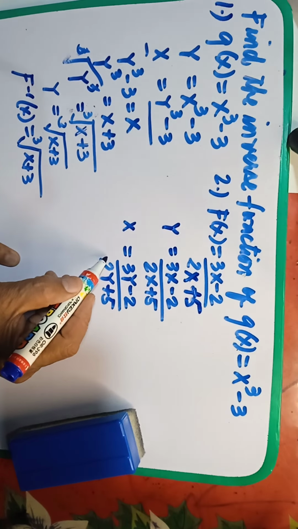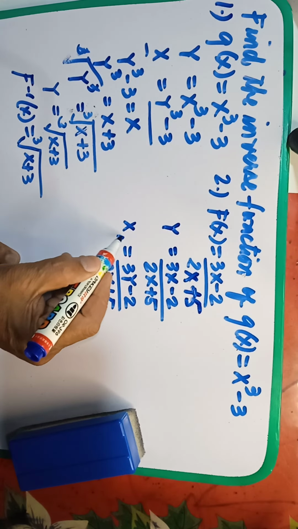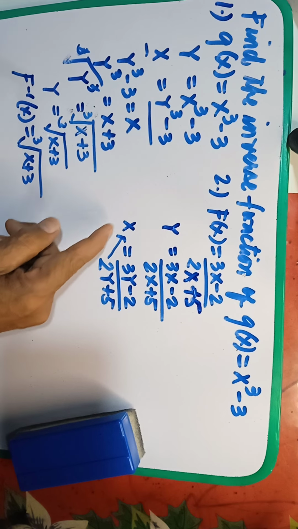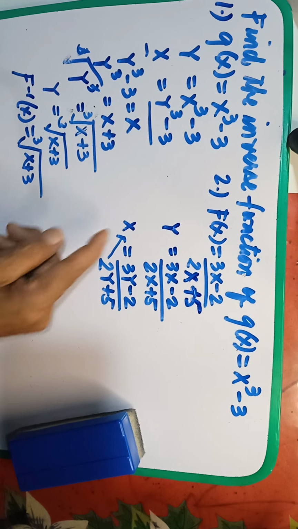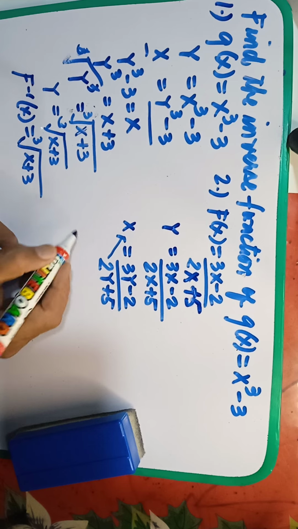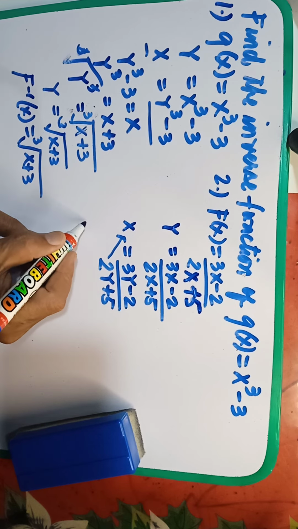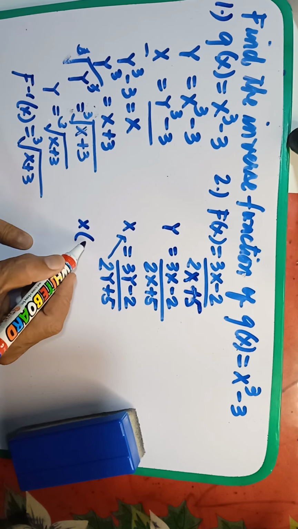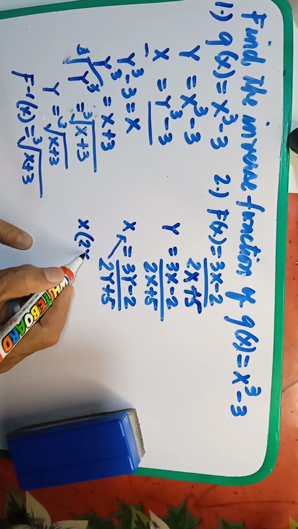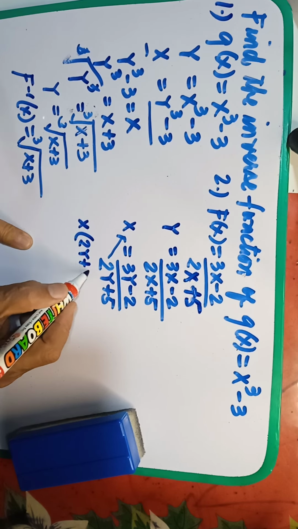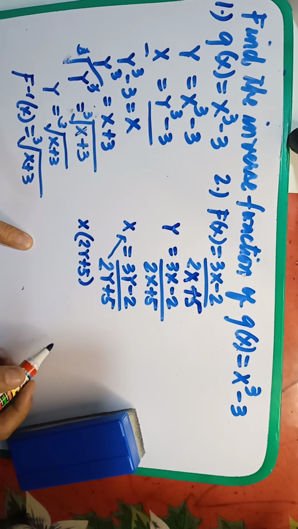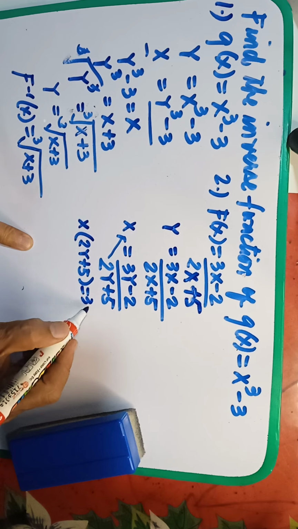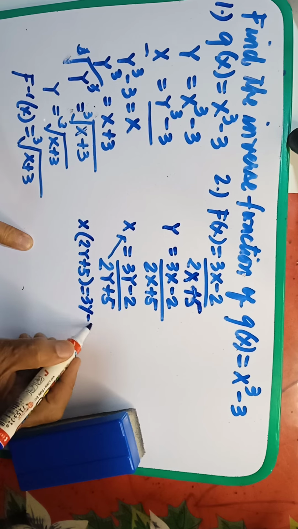This one we are going to cross multiply, or we multiply 2y plus 5 to x in the left side. So we have x times 2y plus 5 equals 3y minus 2.